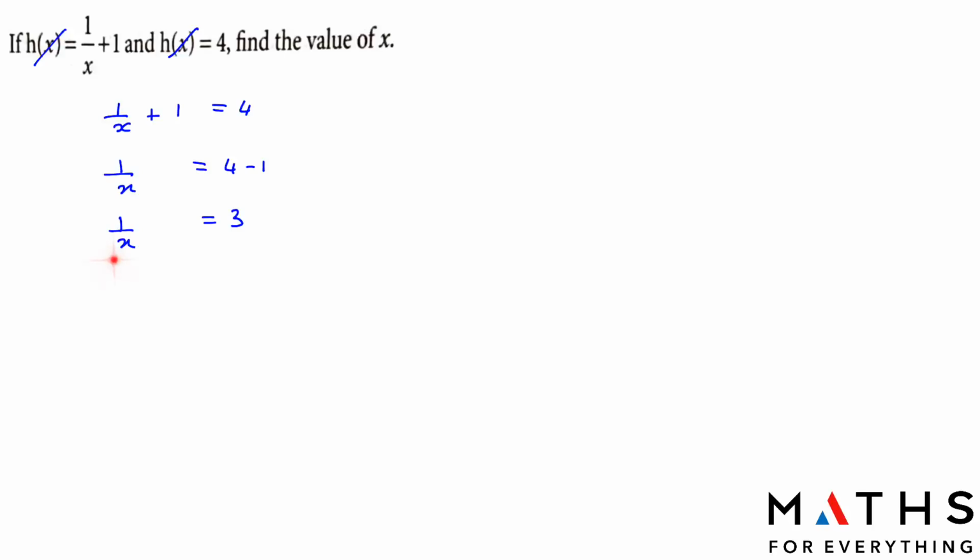You do know that the x in the denominator means 1 divided by x. So if I shift the x to the other side, I will get 1 is equal to 3 multiplied by x, which is 3x. But we want to find x, so x will be 1 over 3. The 3, when we move to the other side, will go in the denominator. X is equal to 1 over 3.